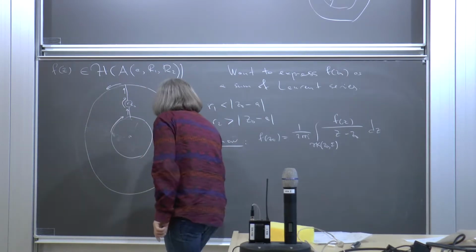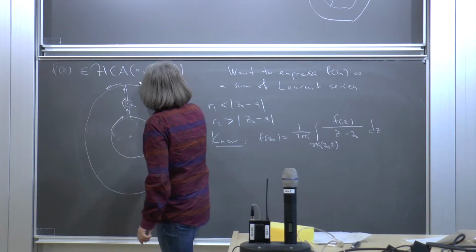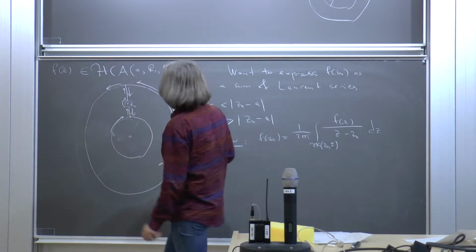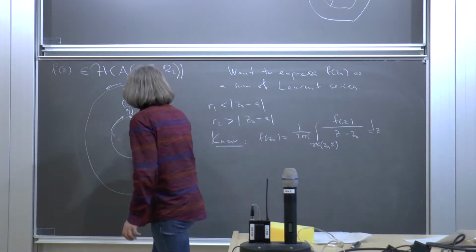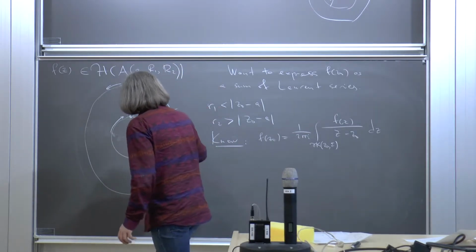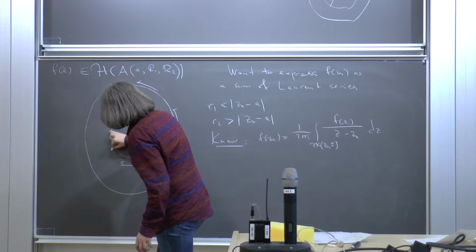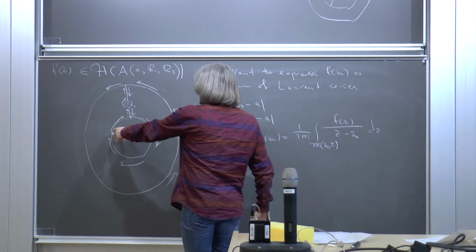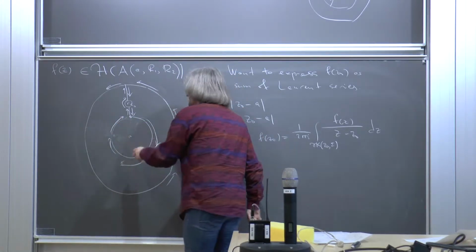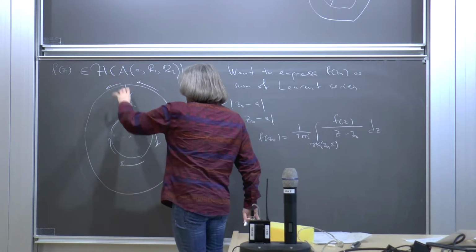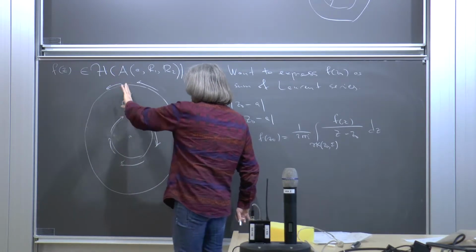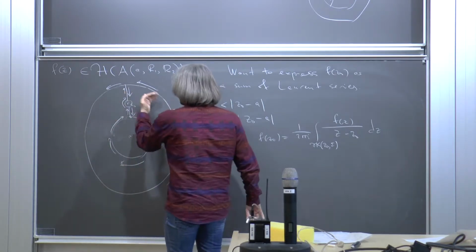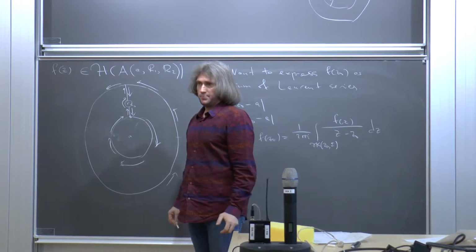So it goes around, and then I return here, start here, and complete this circle. If this is my base point, or maybe this one, it doesn't matter because it's a closed path. We see that this contour is contractible, because I can start moving this here and this here, and in the end it will contract.